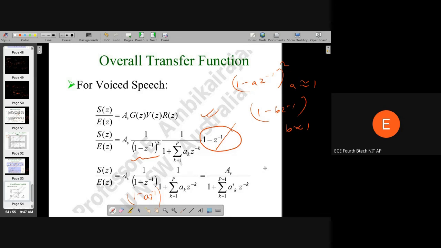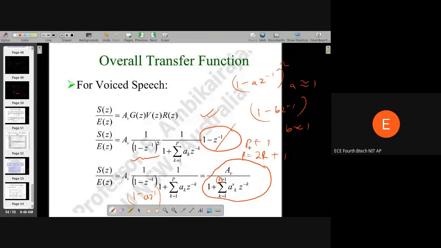The entire thing you can club together in this form. So you have 2R resonances. If you have R resonances, you will have a P here equal to 2R, and because there is another term here, your polynomial will increase by another degree. So this is your overall speech transfer function.